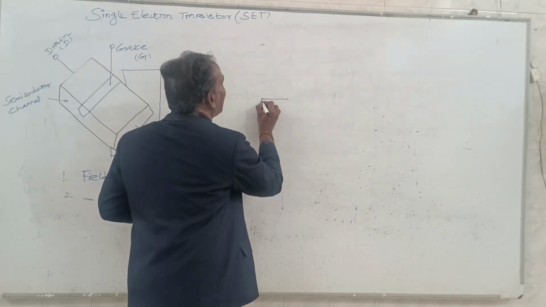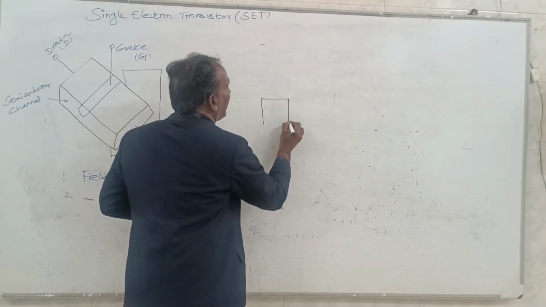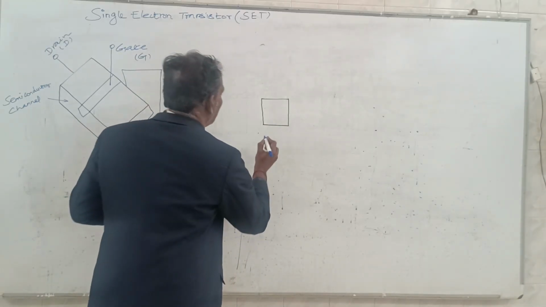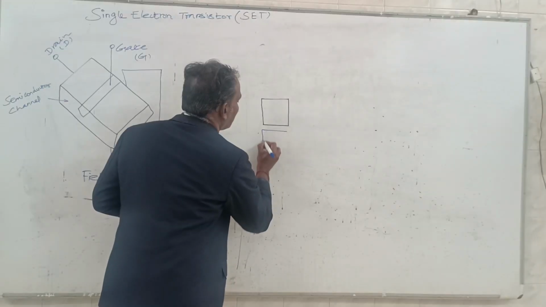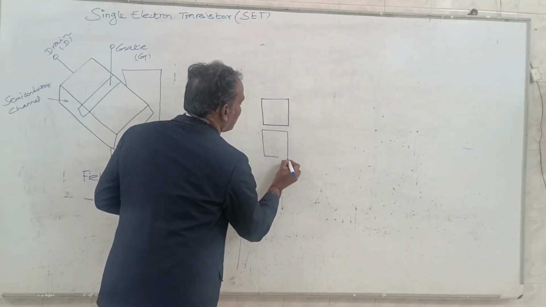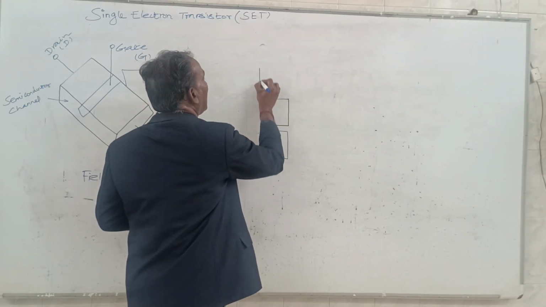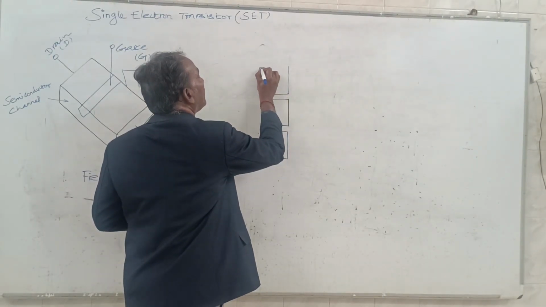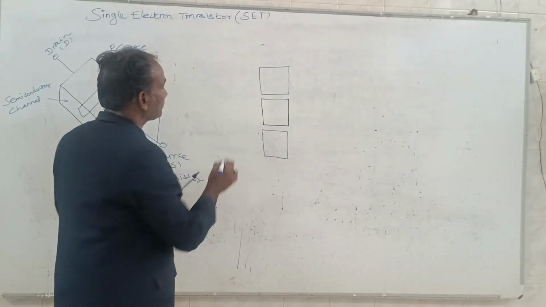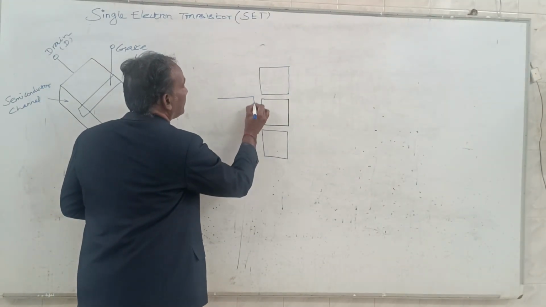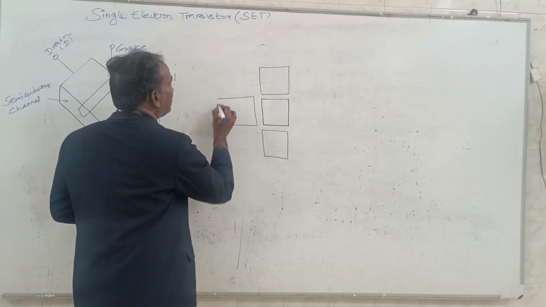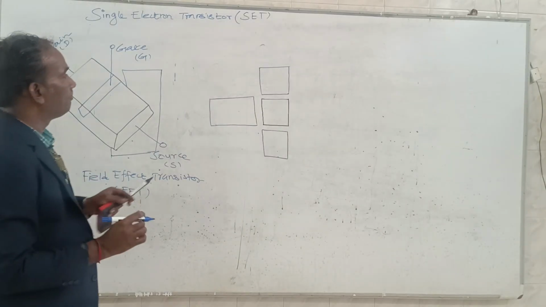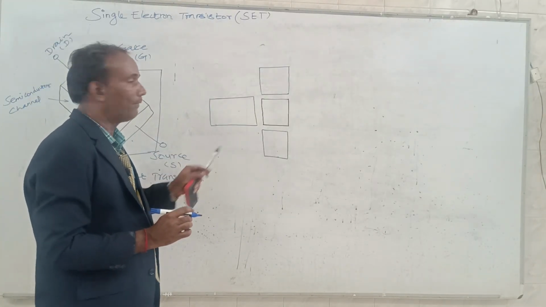In the case of the SET, we have a quantum dot, then we have a source, then a drain, then a gate. Similar to the FET, this is also a 3-terminal device.